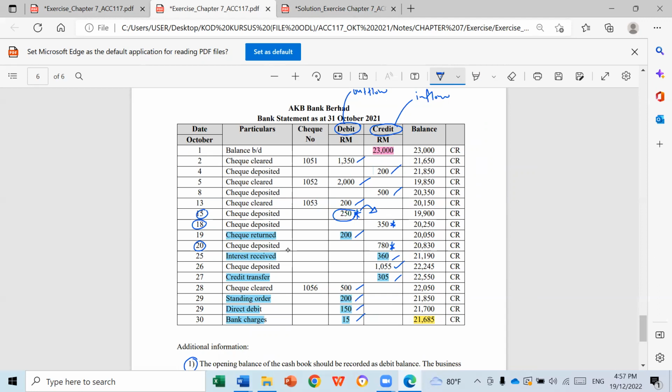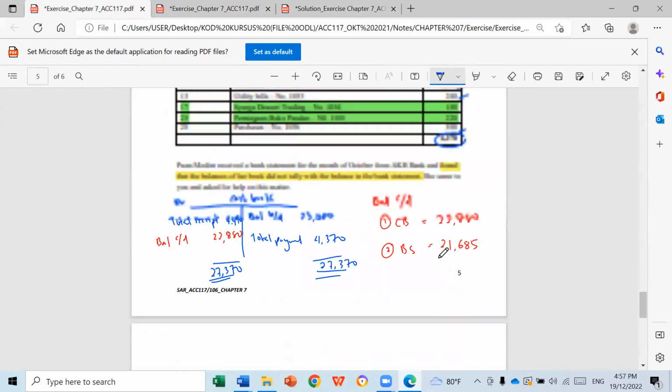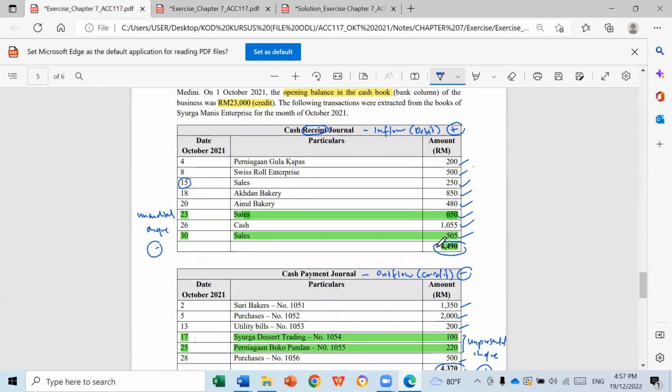So how to follow? Previously we have add up this 250 in our cash book, right? We have add up this one in the cash book. Now we are going to minus it because we have to follow the bank error.